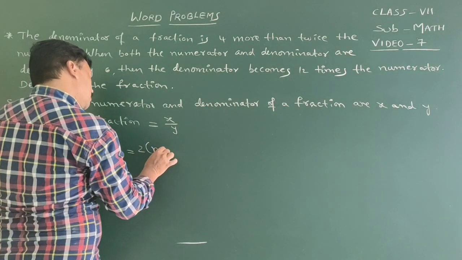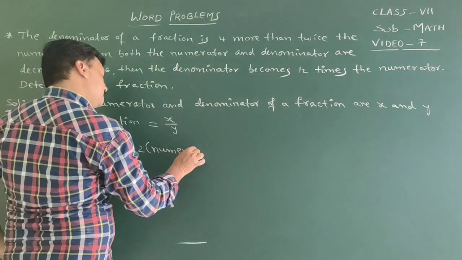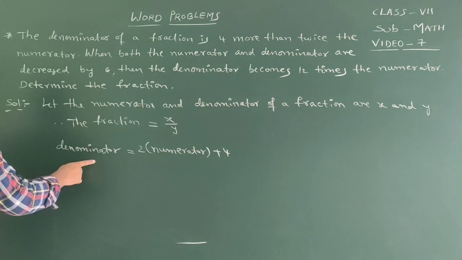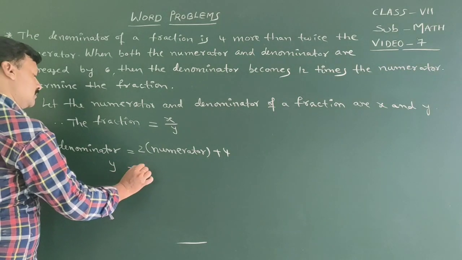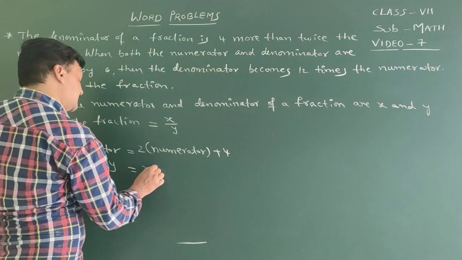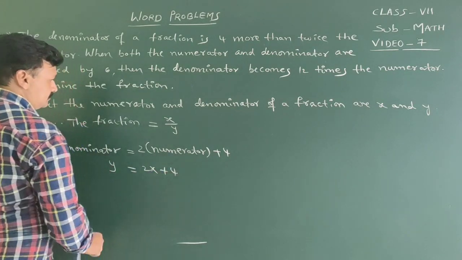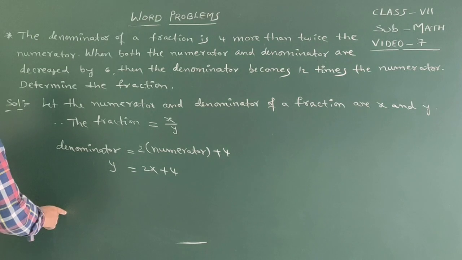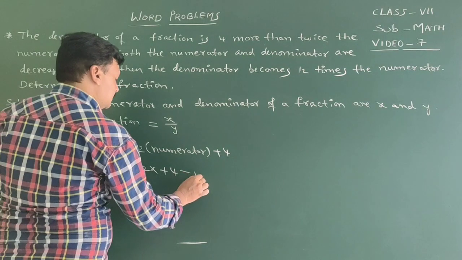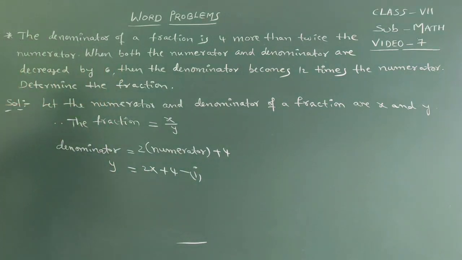That means 2 times the numerator plus 4. The denominator is y, so y equals 2 times the numerator x plus 4. That is the first equation.